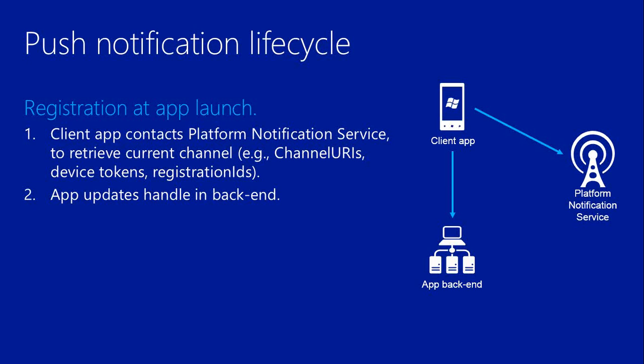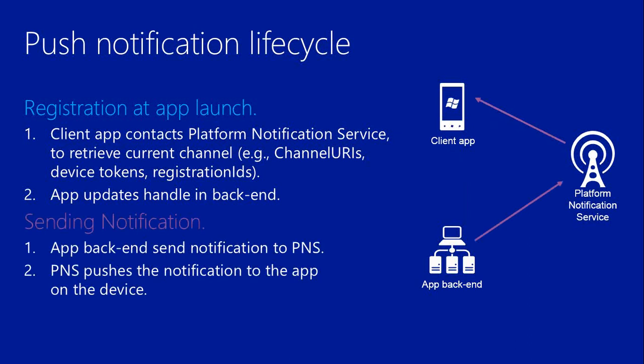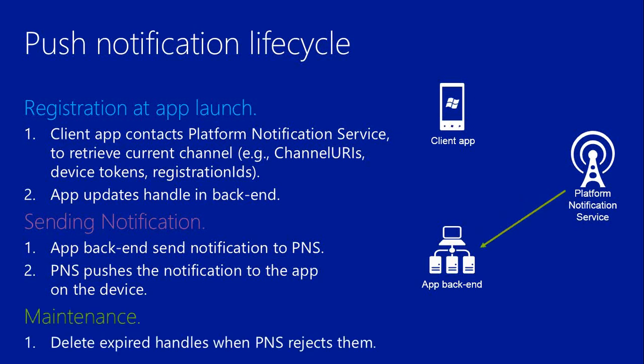So the client app contacts the PNS, which is the platform notification service, retrieves a handle, and then updates the backend with this handle. Next, when there's time to send a notification, the app backend sends the notification to the PNS, and then the PNS pushes the notification to the app on the device.